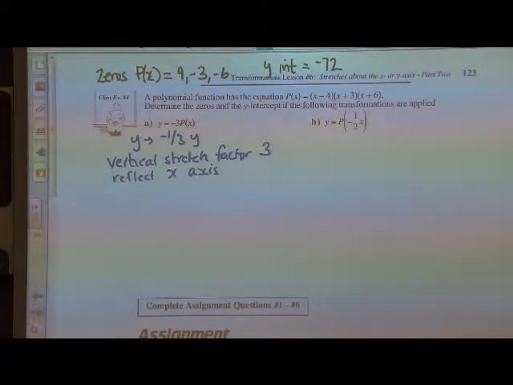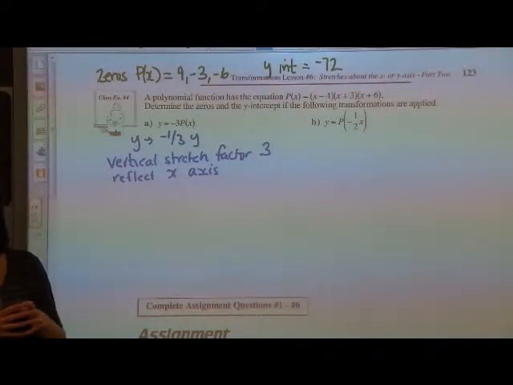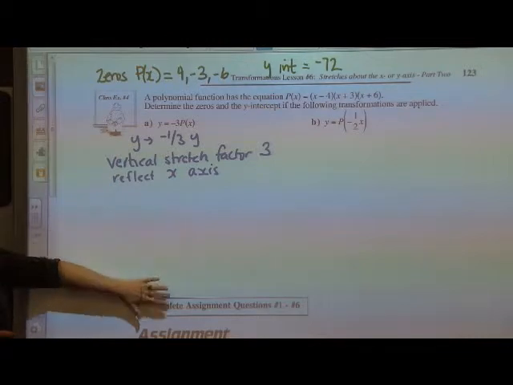If I do a reflection in the x-axis and a vertical stretch, which coordinates am I impacting? The x's or the y's? They're both y ones, because when I stretch over the x-axis, I'm changing my y coordinates.